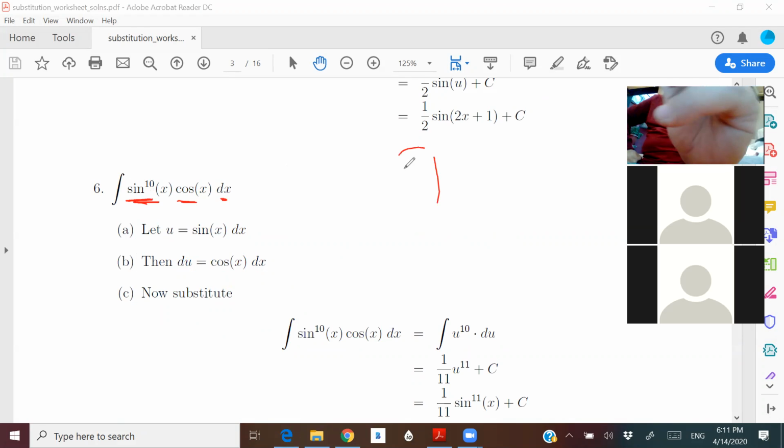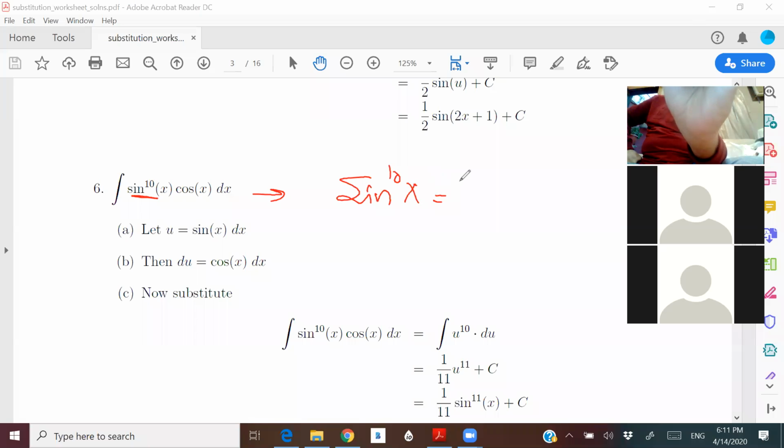Replace it by u. So sine^10 x becomes u^10. Again, replace the sine by u.